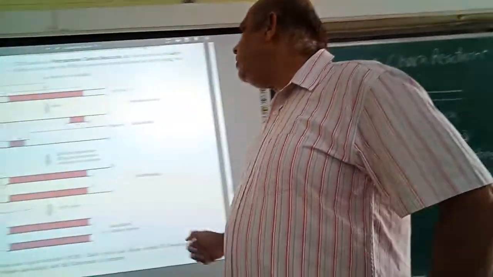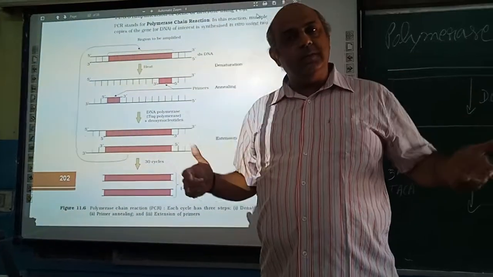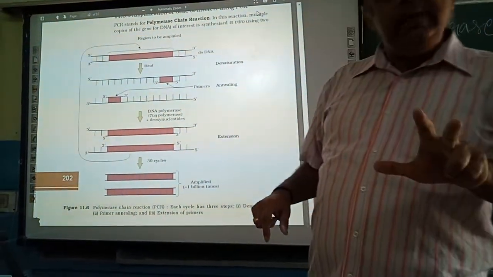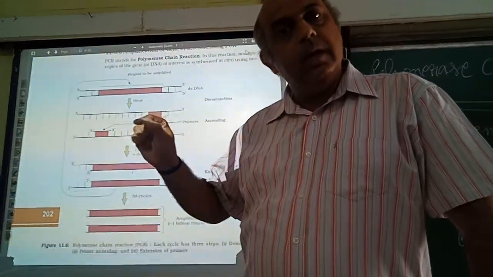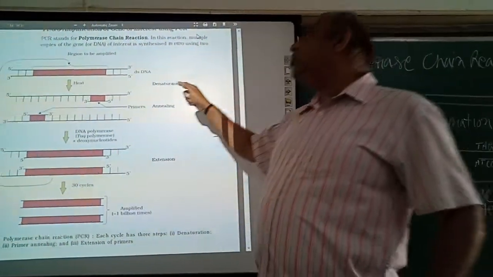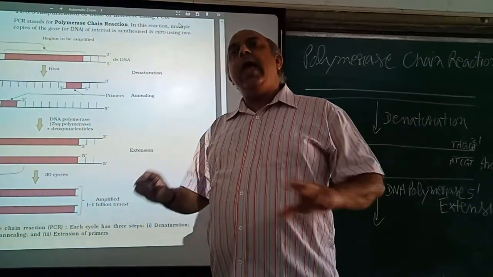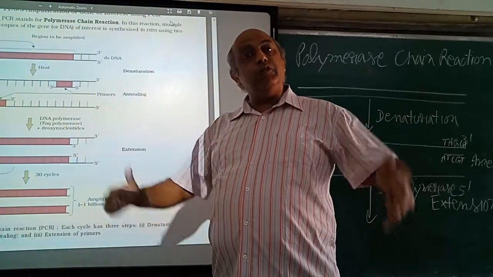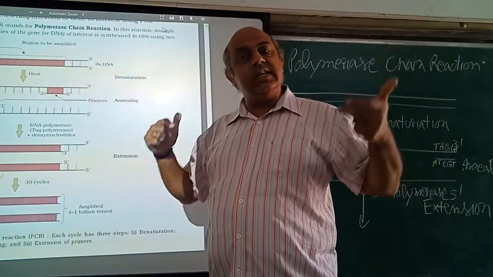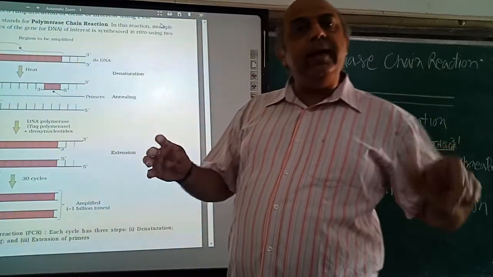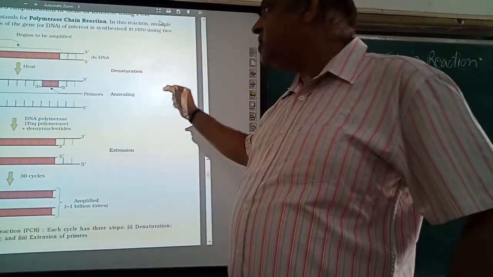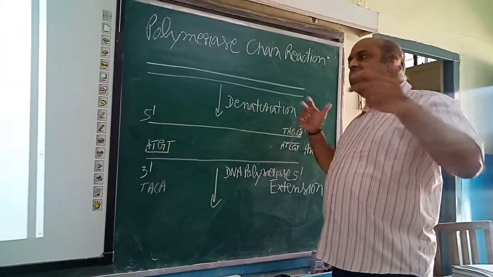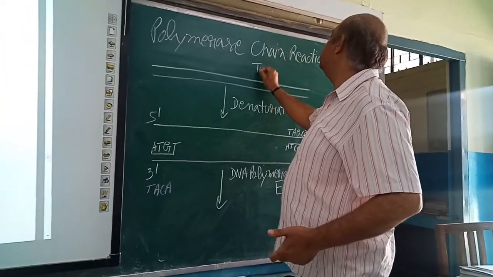For example, we can't use the DNA polymerase of human beings, because our DNA polymerase works properly at 37 degrees Celsius. But for denaturation, as I have already told you, we have to increase the temperature of the machine to more than 70 degrees Celsius. So our DNA polymerase can't work in the machine as far as extension is concerned. The DNA polymerase which we use for the third step is Taq polymerase.